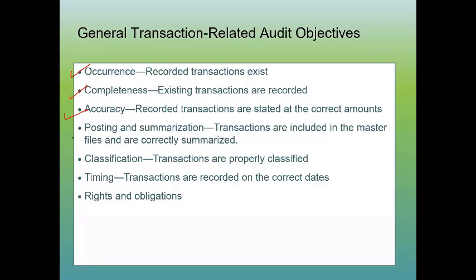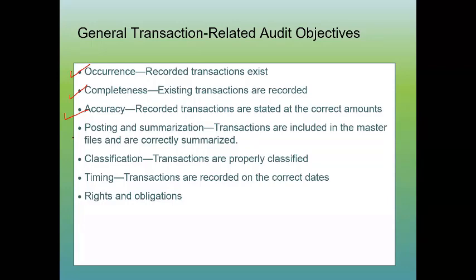Posting and summarization is the link between journal entries and the balances, as I just explained earlier. يعني whenever we are reviewing or auditing the transaction, I have to make sure that it has been posted correctly to the balance or the T accounts. So actually, this process is called posting and summarization.